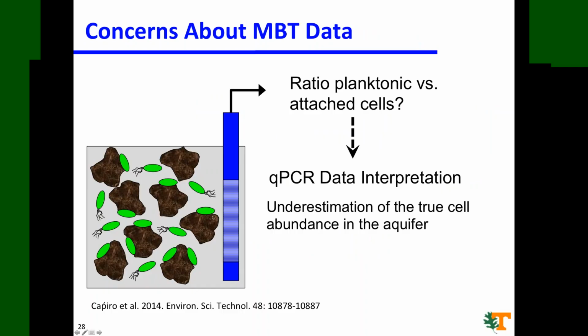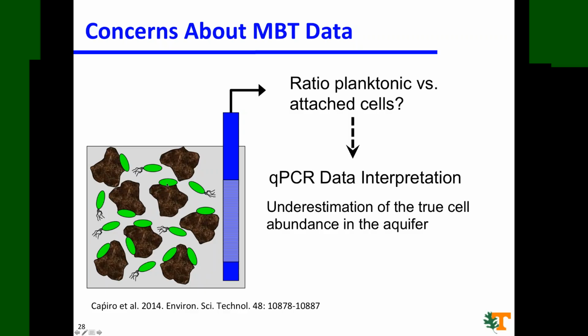Another issue that was discussed, and that's something you need to think about if you sample an aquifer, groundwater. So this is a sampling well. Here's the screen. You collect with a pump, and you collect groundwater. Recognize that there are cells that are in groundwater, and you suck them up, and you get them into your sample.